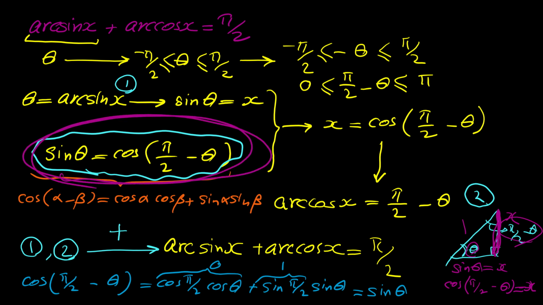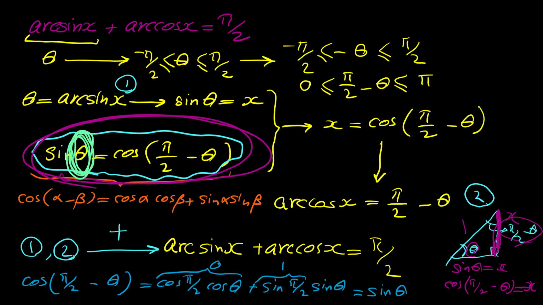But there is a problem with this proof. This is not a complete proof, because when you draw this triangle this way, and you suppose the angle theta here, the opposite side is x, hypotenuse 1, there is a problem. For this relation, theta is not necessarily between 0 and pi over 2. Maybe theta is 2 pi, 3 pi, 5 pi over 6, 10 pi over 3.